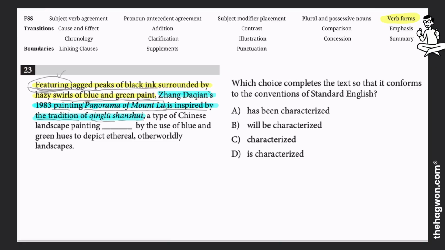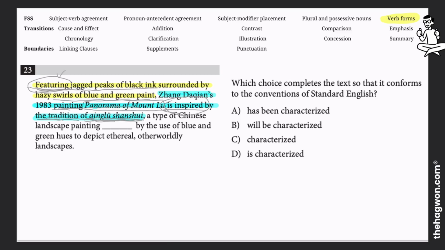But in this particular sentence, every subject must be determined by looking at who's doing the verb. As you're looking at is inspired by the tradition, the one who's actually doing the inspiring is qinglü shanshui. This tradition of qinglü shanshui inspired the painting Panorama of Mount Lu.